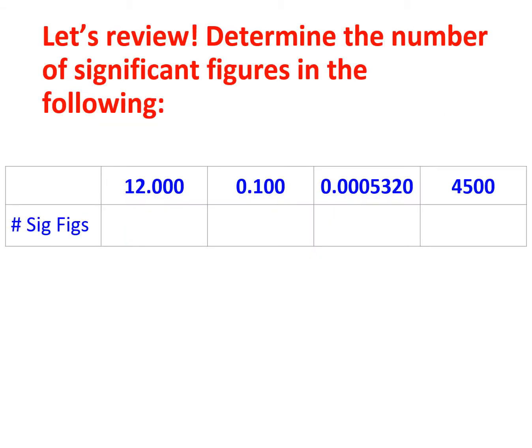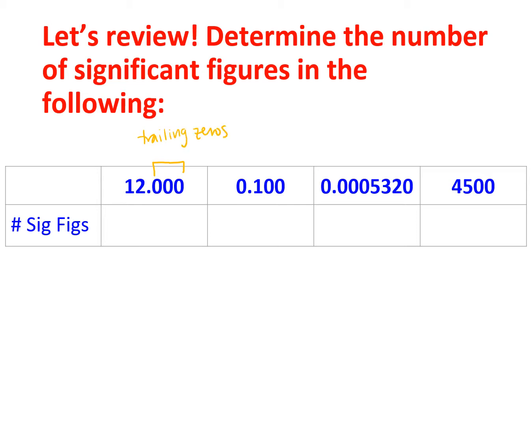Before we get started with that, we are going to review how we determine the number of significant figures in different numbers. So looking at our first example here of 12.000, we recognize that this number has 3 trailing zeros.